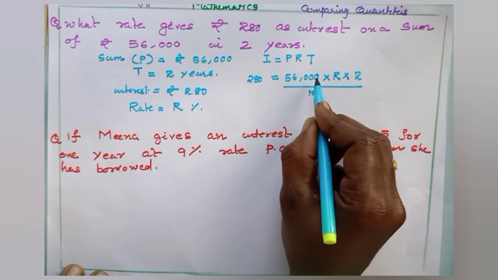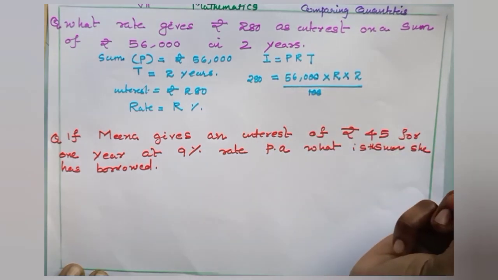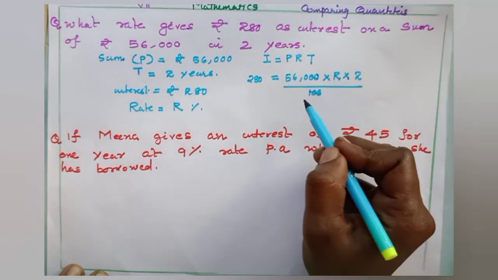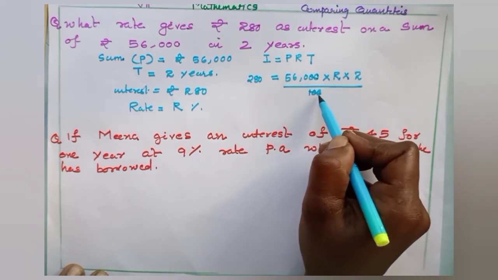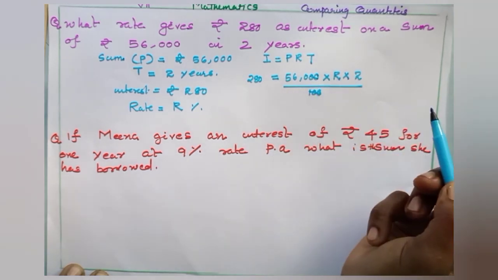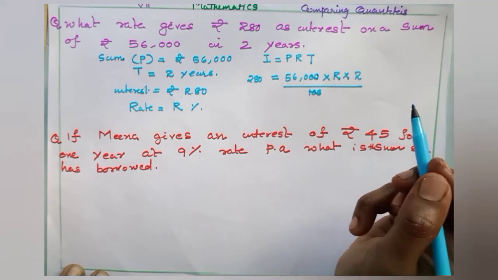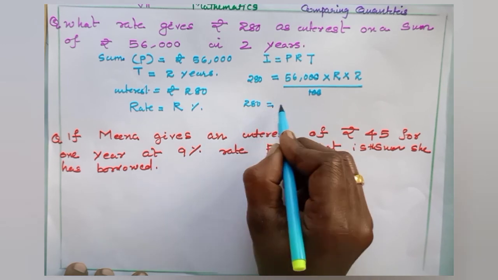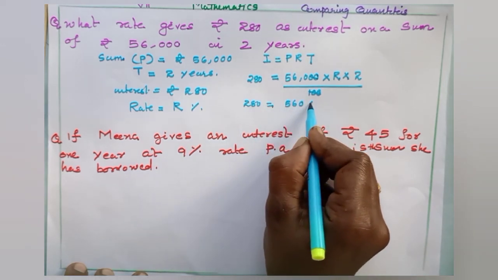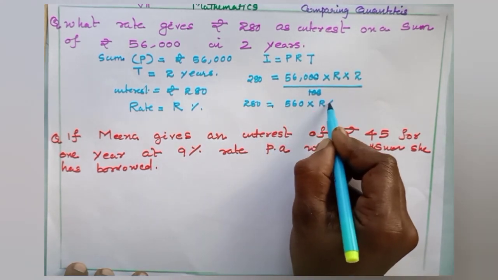So we can cancel these two zeros here. Then we get 280 is equal to 560 into R into 2.